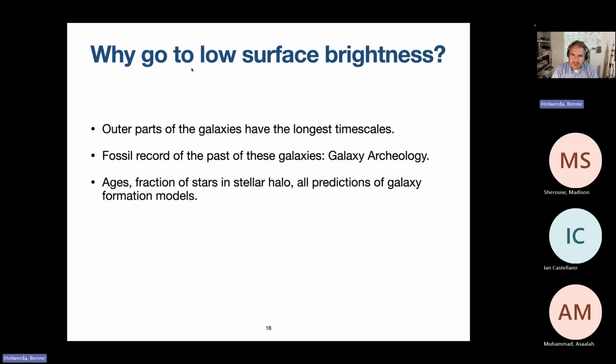So why are we so interested in going to low surface brightness? Because for anything outside the galaxy, you can imagine the bigger the scale, the longer it takes for any kind of orbit to complete. For instance, our own Milky Way rotates around the center of the galaxy every, I think, half a gigayear, so about 500 million years.